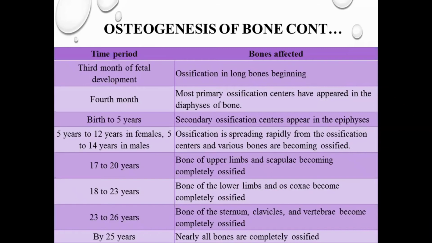What they will be doing in this scanning process, the third month scanning, is checking how the development of your organs and bones has taken place. The main factor for finding out the growth of the baby is the length of the femur. They will be calculating the length of the femur.